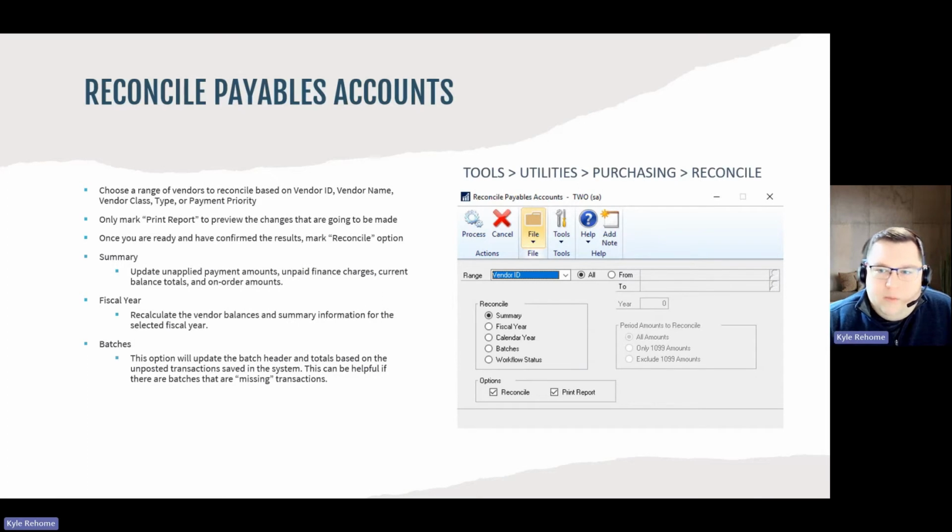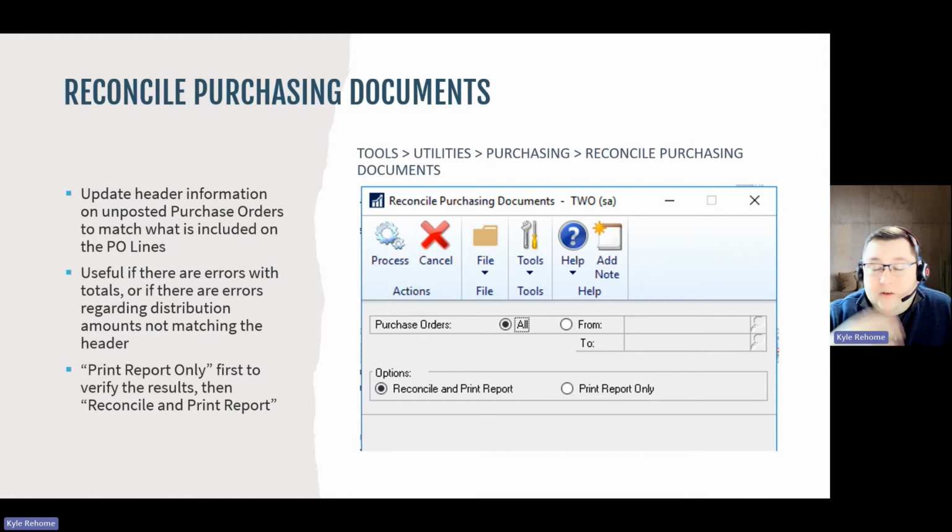So also in the purchasing module, but on the other side with purchase order processing, we have the option to reconcile purchasing documents. So this is a separate window, and this looks exclusively at purchase orders. We're going to update the header information on those unposted purchase orders to match up with the line items that are out there.